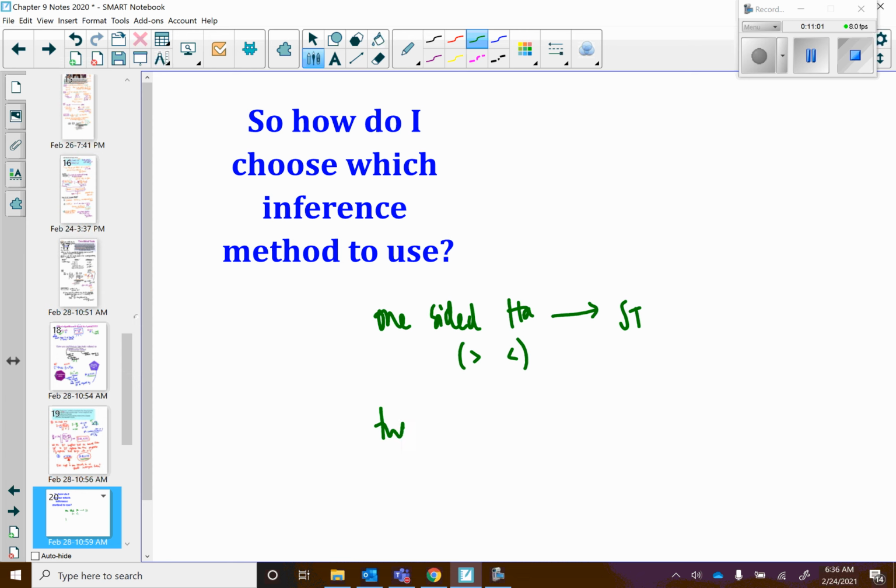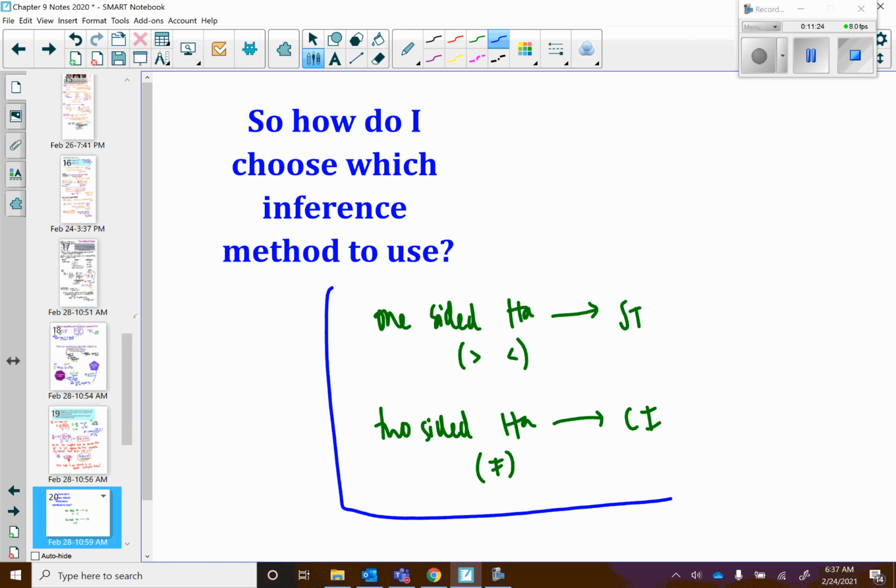If it is a two-sided alternate hypothesis, meaning not equal to, it's actually better to use a confidence interval. Because like we saw in the last example, we were given more information. It wasn't just that the value was not equal to 0.3, it was that our interval suggested it's less than 0.3.